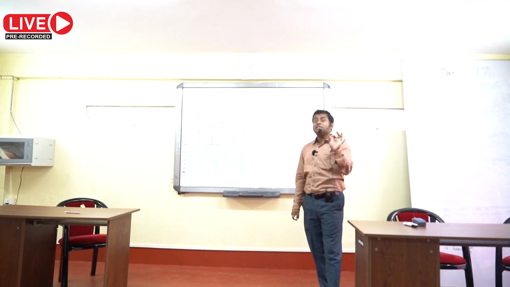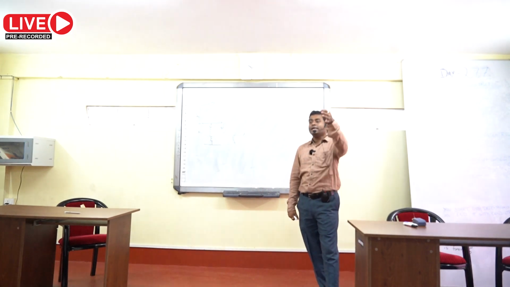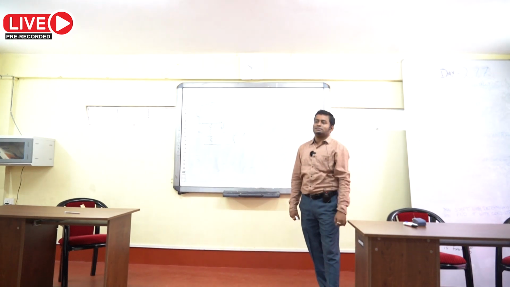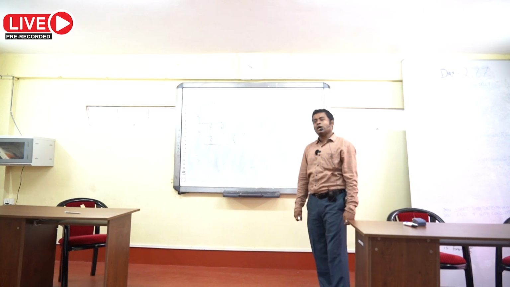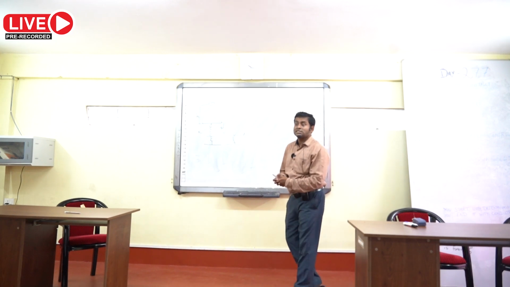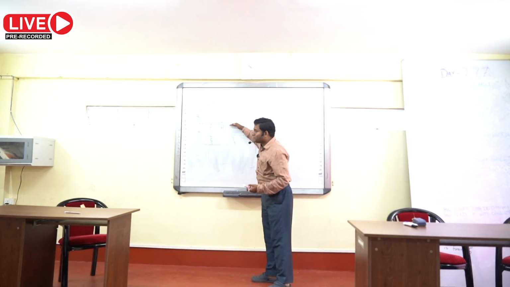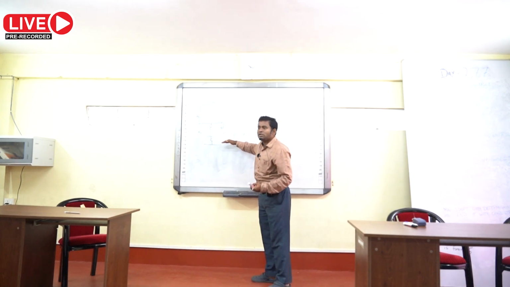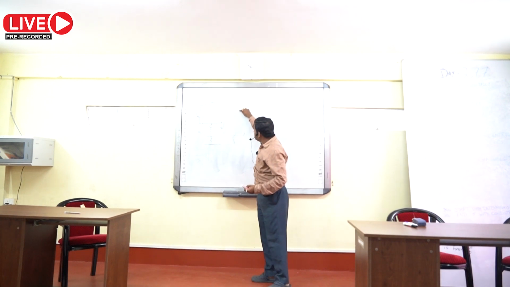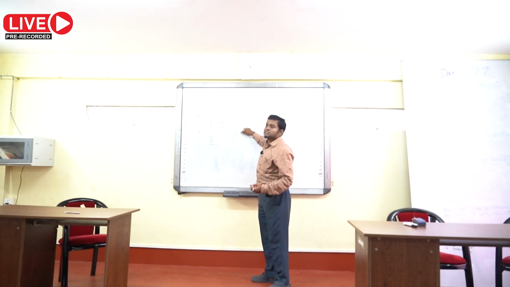So what will be the total height by which the mass is falling? mg h. So I can write mg (h plus x), not mg h. mg h is up to this. Further, how much it is coming down? x. So what is the total distance fallen by the mass? h plus x.